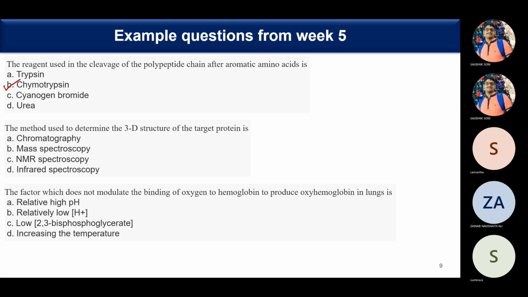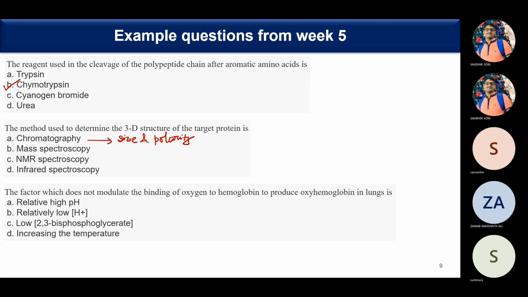The method to use to determine the 3D structure of the soluble protein. Chromatography, no, because with chromatography we can just think of what is polar or non-polar, or based on the volume, correct? So chromatography mainly gives us either size or polarity. Okay.